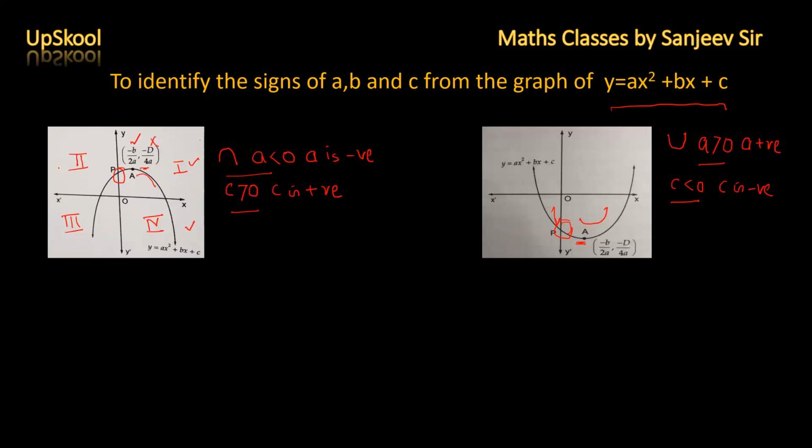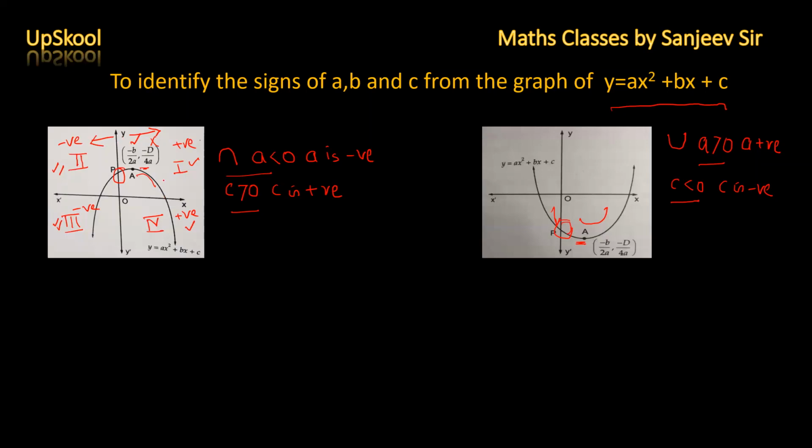If the vertex lies in the second quadrant or third quadrant, it is negative. Or you can remember it like this: if the vertex lies towards the right of the y-axis, it is positive. If it lies on the left-hand side of the y-axis, it is negative.